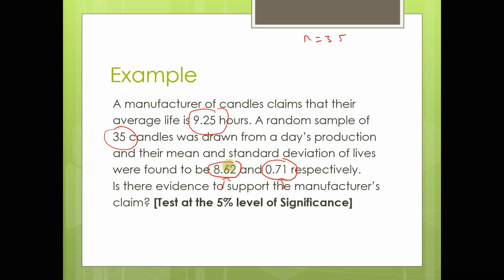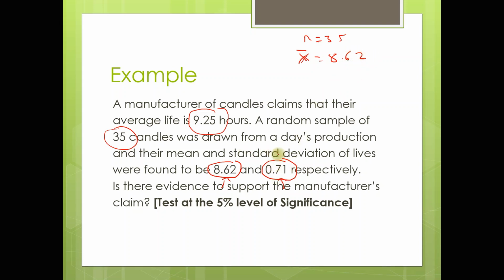So what is this 8.62? If you read properly, you will see that this 8.62 is based on the sample of 35. So in other words, the information given to you is x bar is equal to 8.62.